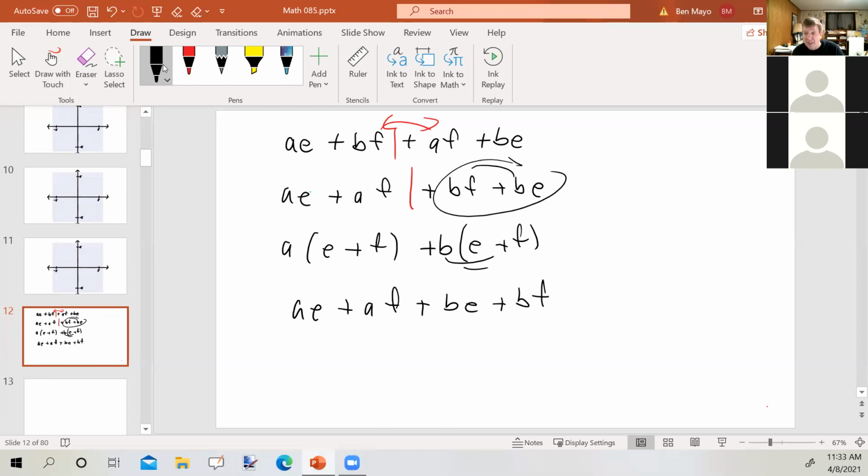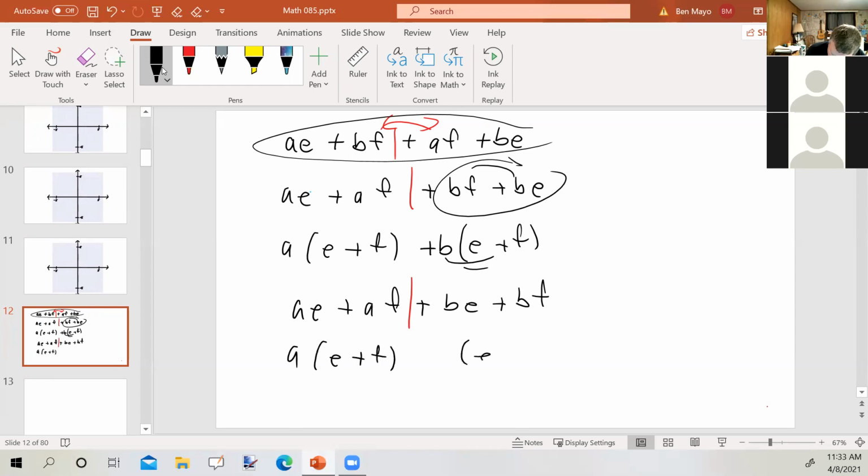Recall that addition is commutative. So I can take those four original terms and rearrange them any way I want. Doing it this way, now things work out quite nicely. A times the quantity E plus F plus B times the quantity E plus F, which gives me E plus F times A plus B.